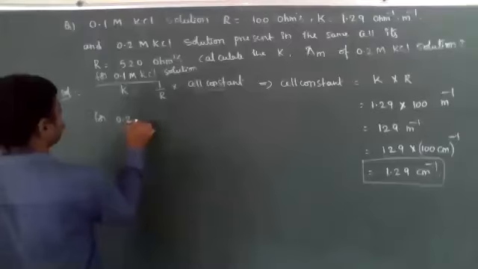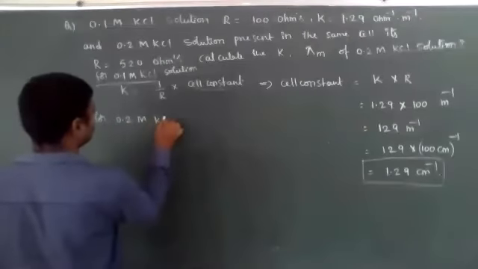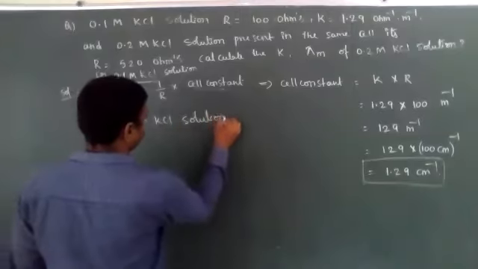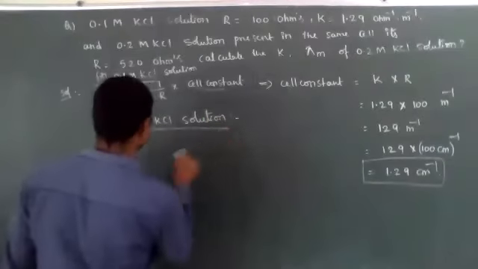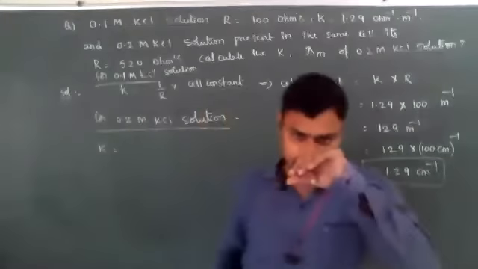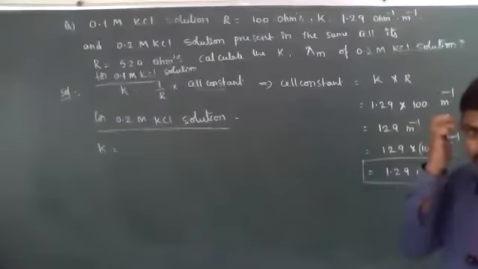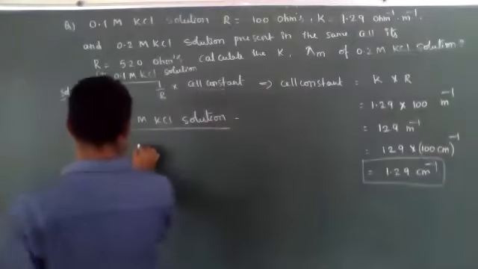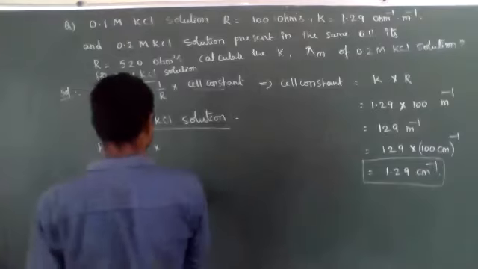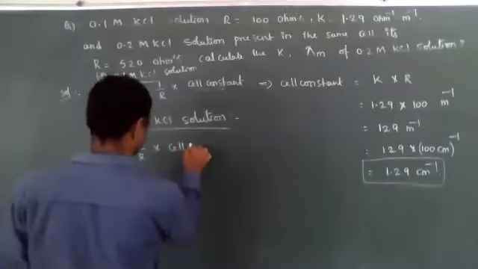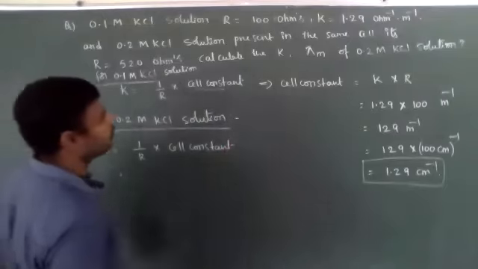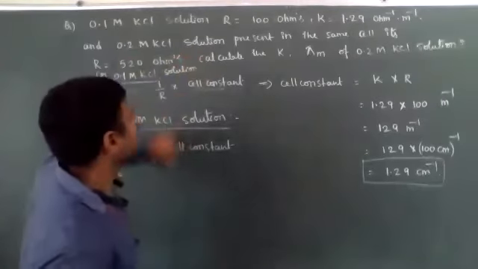Now for 0.2 molar KCl solution, K value, meaning conductance or conductivity or specific conductance, we need to calculate. K is equal to 1 by R into L by A. Cell constant is nothing but L by A. So 1 by R value, how much they given for 0.2 molar KCl solution?